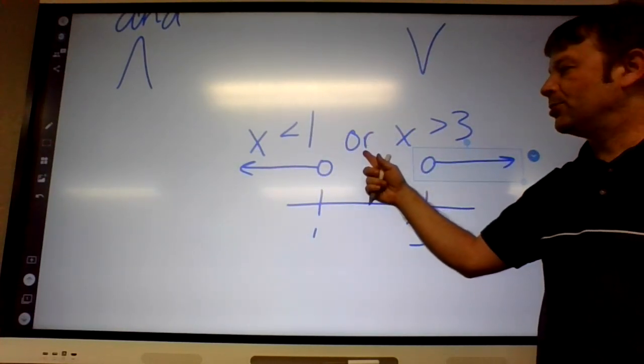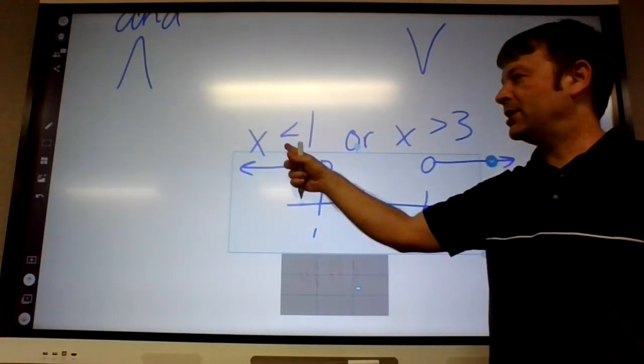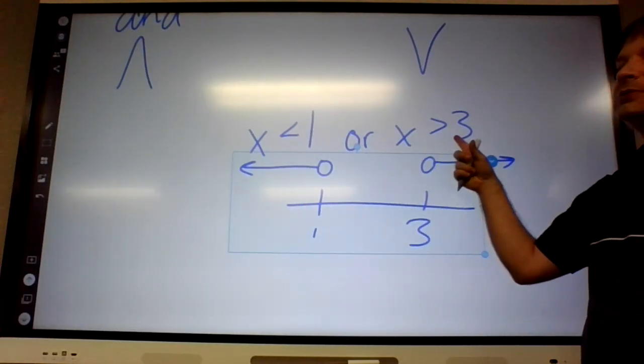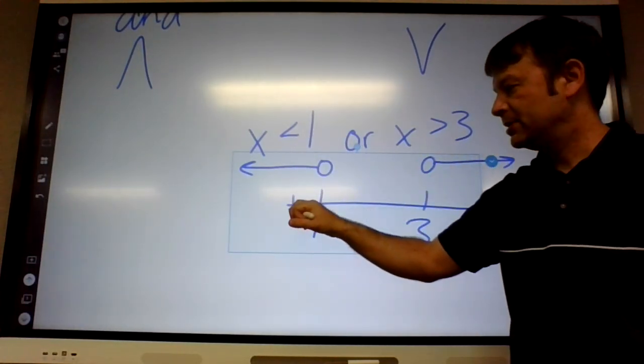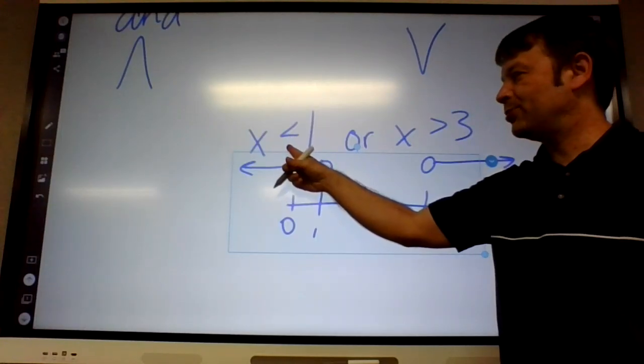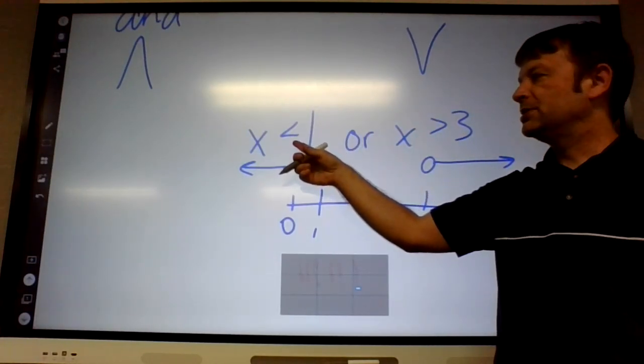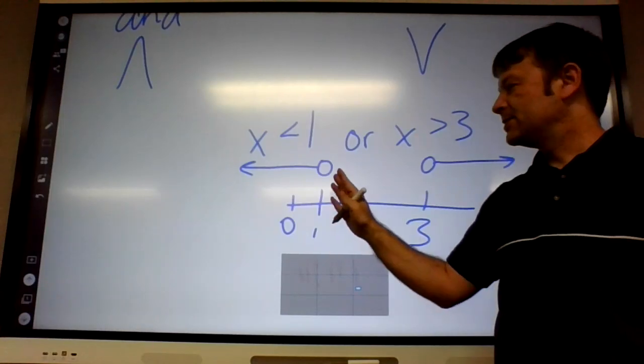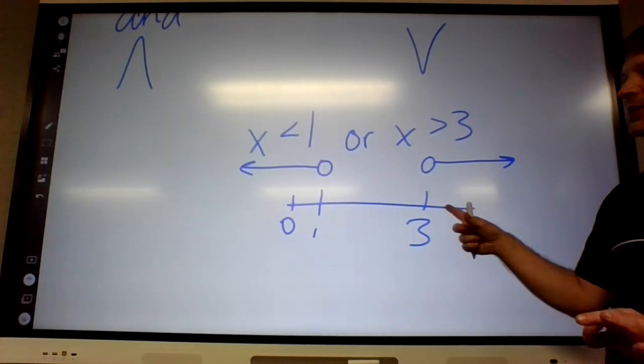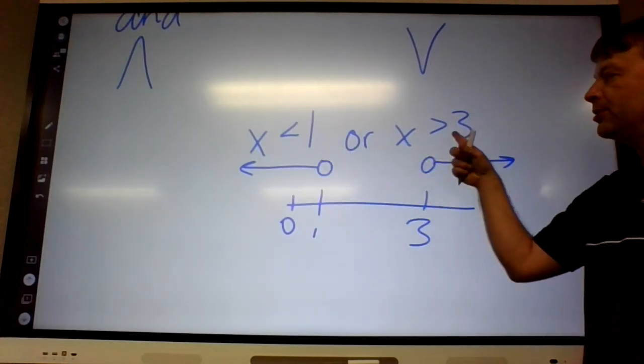But if you say or, like is 0 less than 1 or greater than 3? Yes. 0 is less than 1 or greater than 3. It's less than 1. So that means it's okay. So is 4 less than 1 or greater than 3?